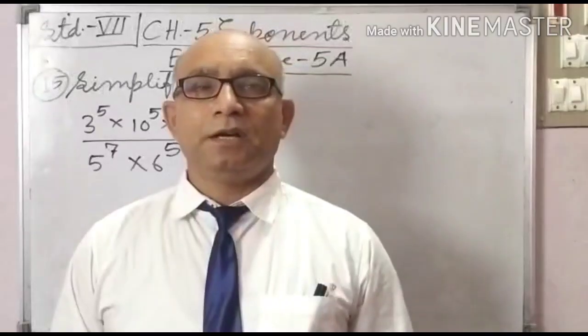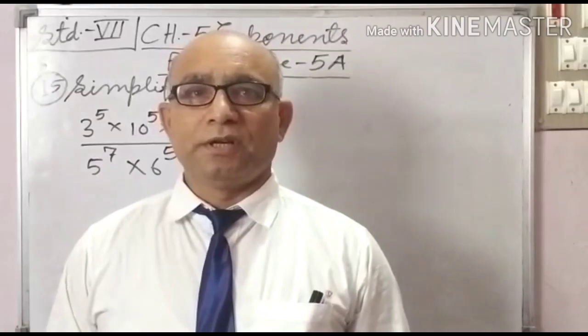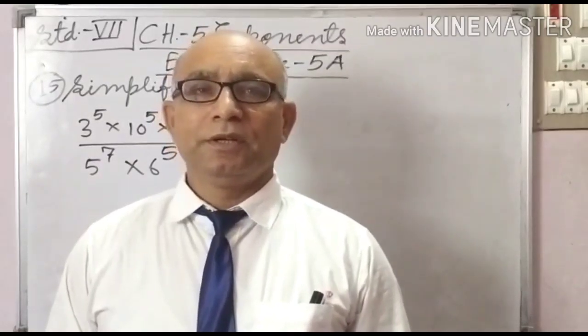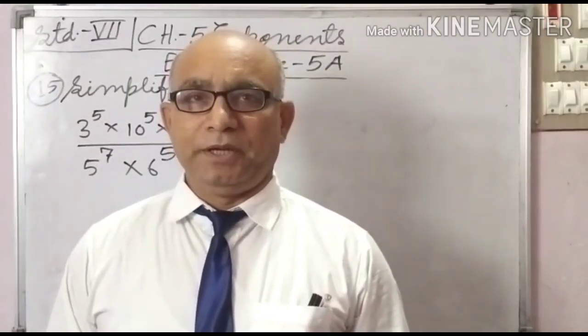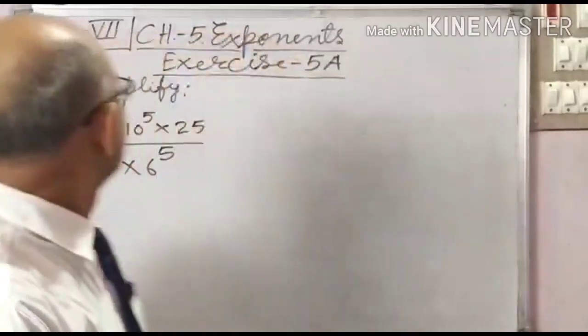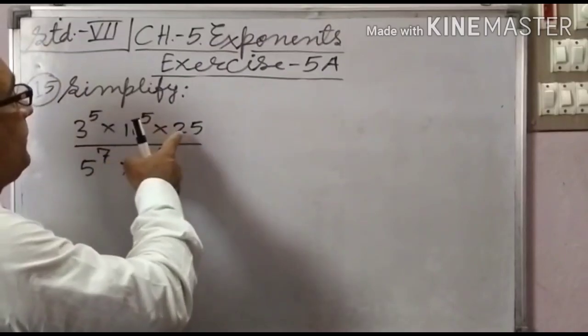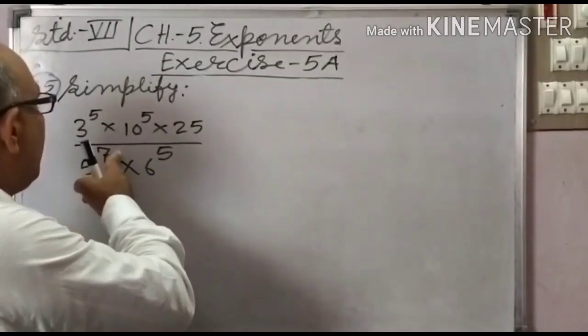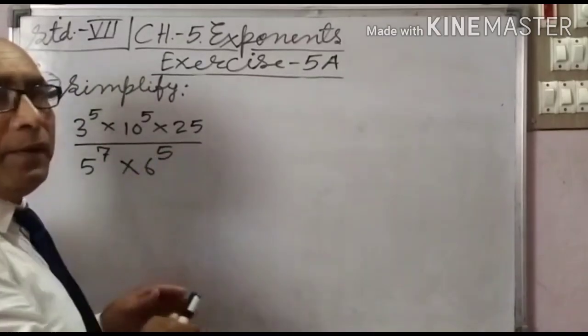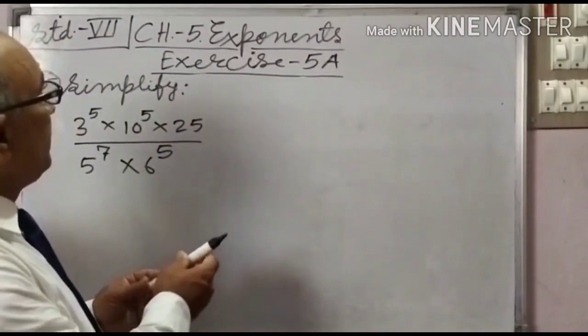Students, next question is question number 15. Simplify 3 to the power 5 into 10 to the power 5 into 25 divided by 5 to the power 7 into 6 to the power 5. So simplify it.